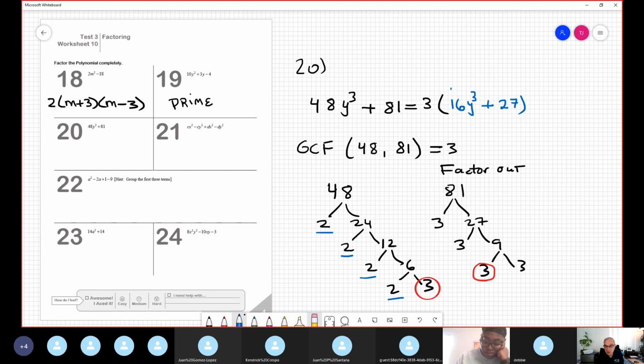It's 27, no? It's 27. And this looks like a sum of cubes. However, no, because 16 is not a perfect cube. Its cubic root is a decimal. And decimal is not good in the factorization. 27, yes, pero 16 no. Entonces, I believe que the best option is que you leave it like that.